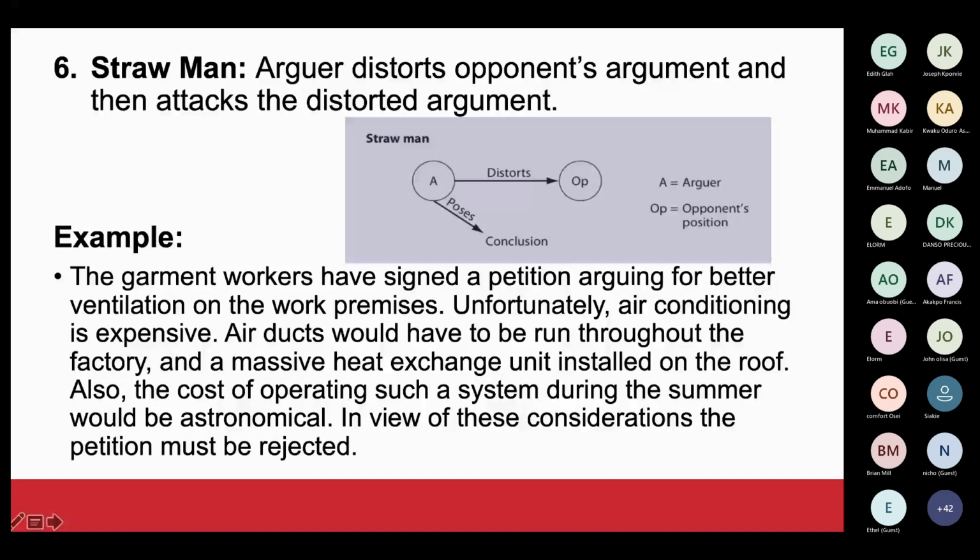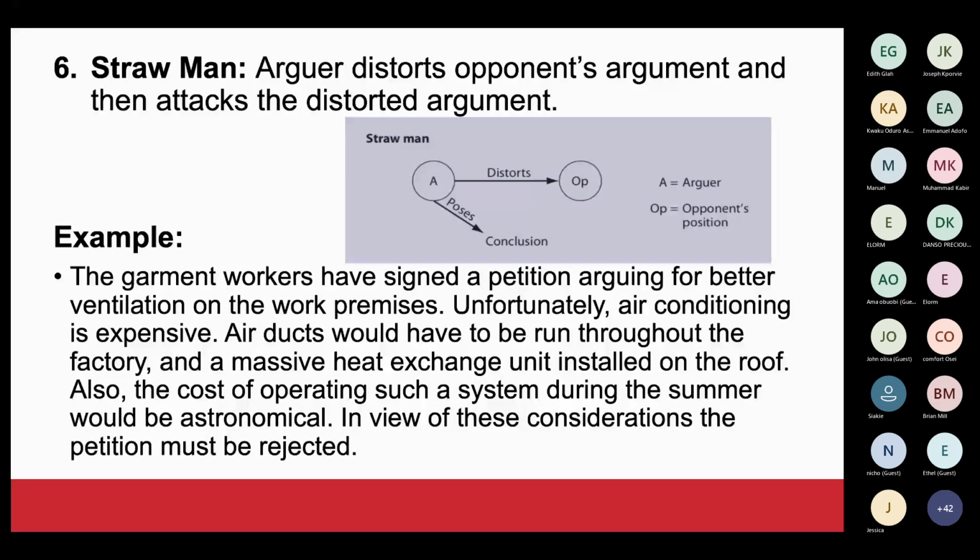The garment workers have signed a petition arguing for better ventilation on the work premises. That is what has been advocated by some workers. They have gone ahead to sign a petition that they want better ventilation in their work environment.